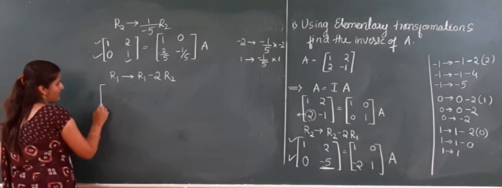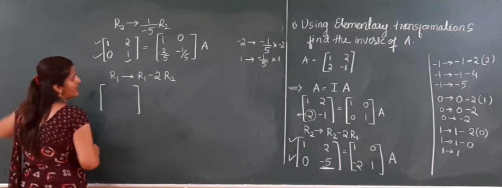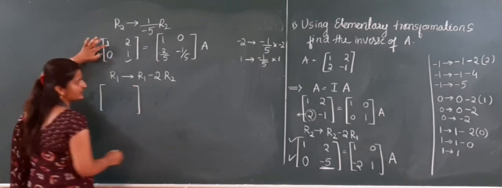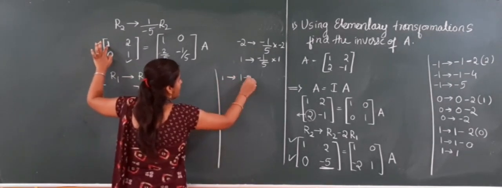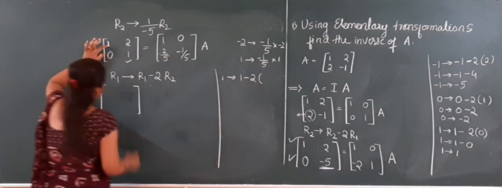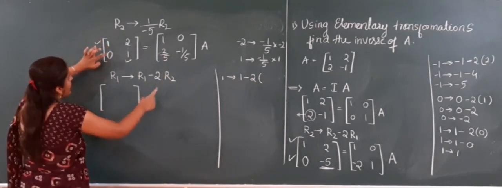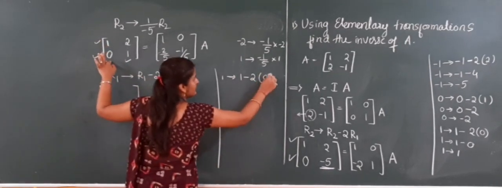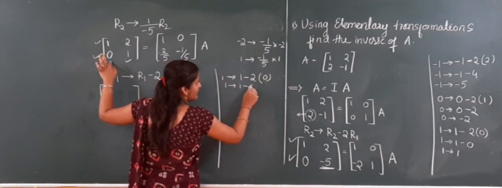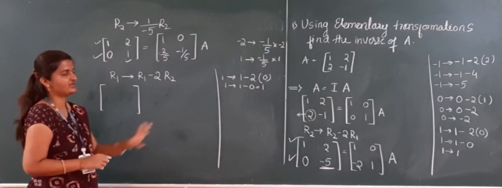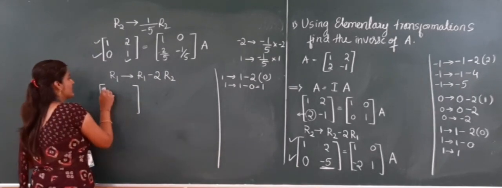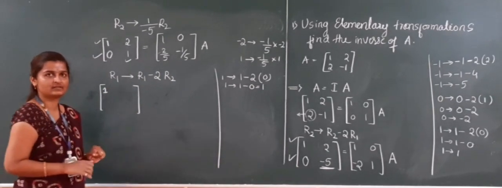So I will apply it. R1 changes to R1 minus 2 into R2. R2 is 0. 1 changes to 1 minus 0, that is 1. 2 into 0 is 0, 1 minus 0 is 1. So 1 changes to 1 only, it does not change.